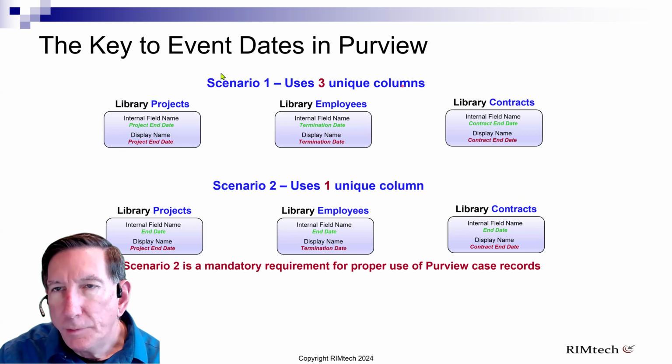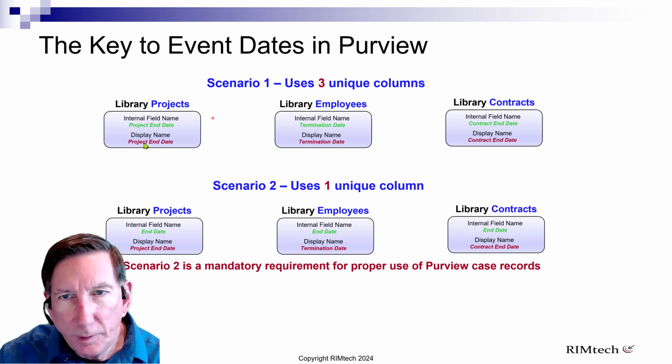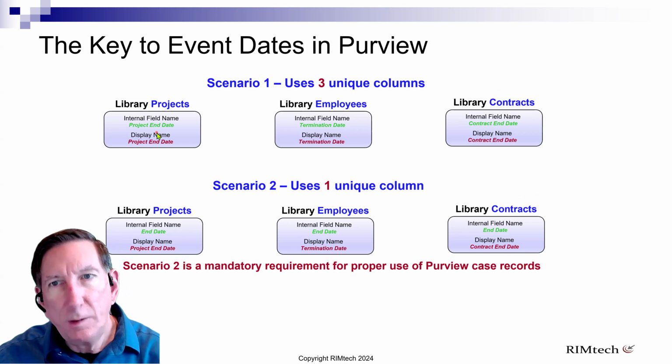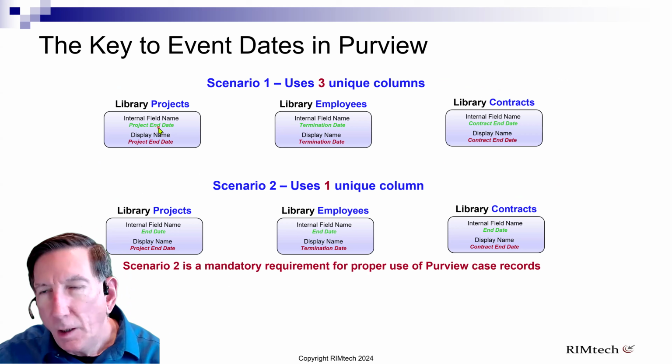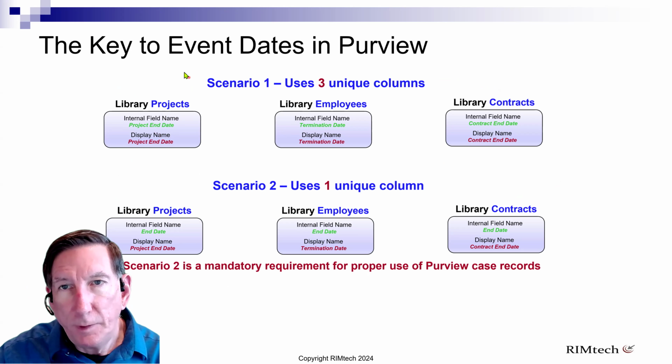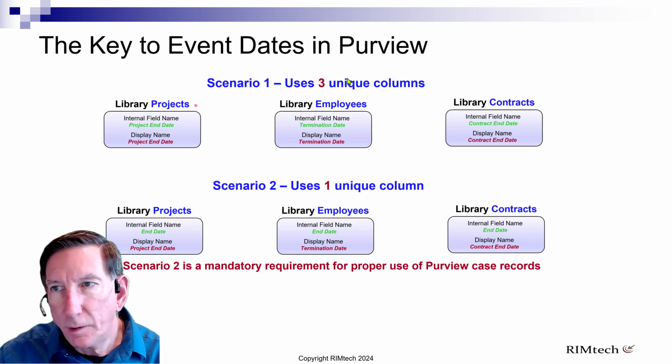All right. So another side note to get you ready, which is you all know that in SharePoint, in a library, you can have column names and column display names. What you might normally do in scenario 1 is you have a library called projects, another called employees, and another called contracts. You could have project end dates, termination dates, and contract end dates as a metadata column.